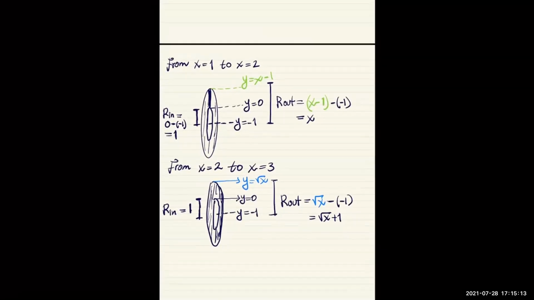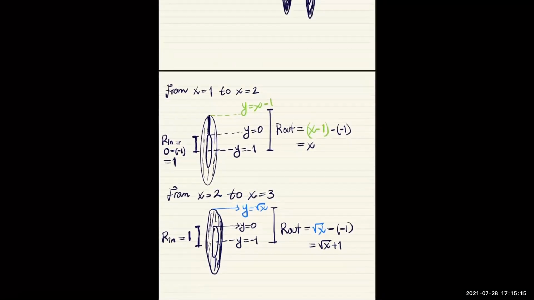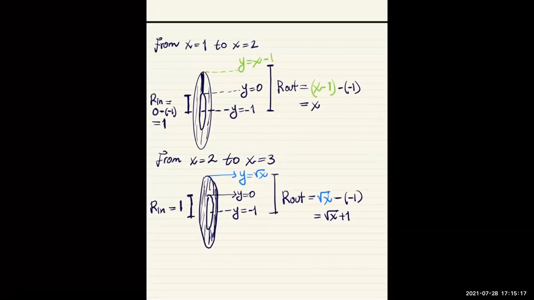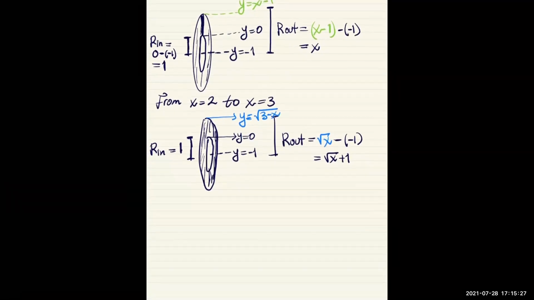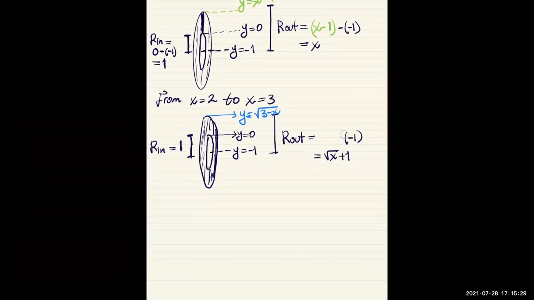And the inner, that should have been the square root of 3 minus x. Let me fix that. So top 3 minus x minus -1.